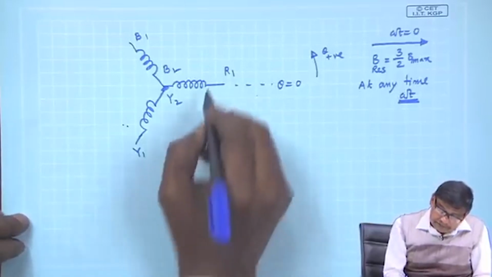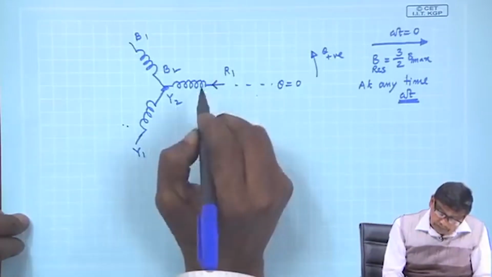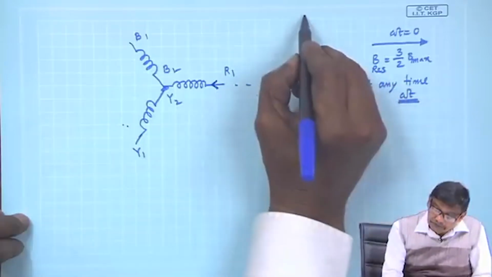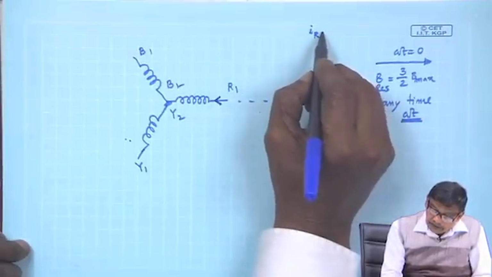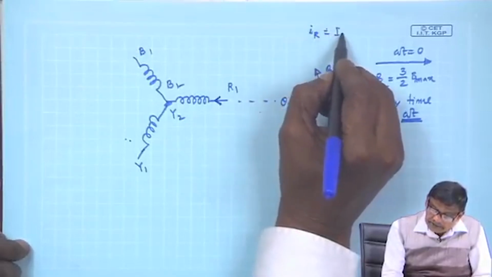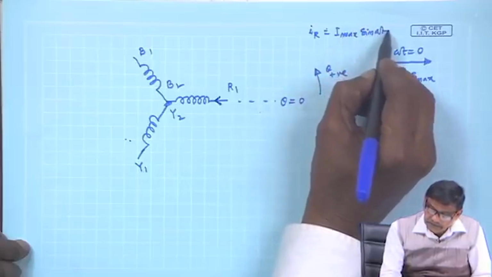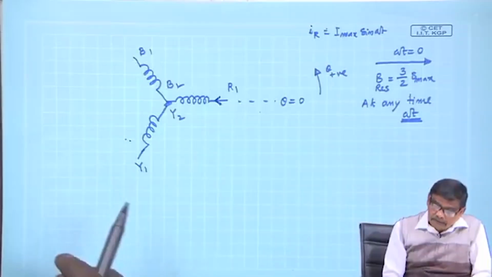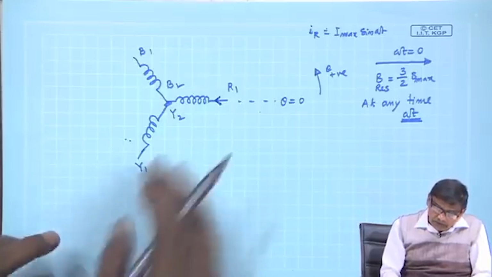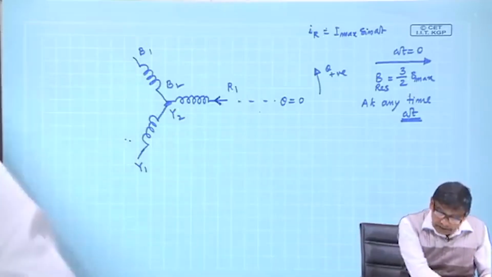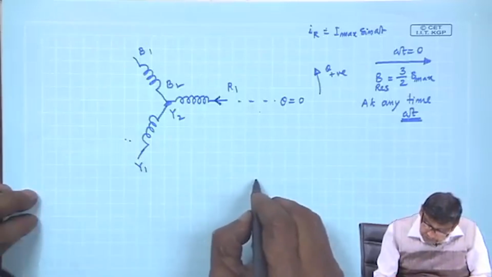In that case, this is the current: I r is equal to I max sin omega t, is it not? This is the current in R phase. What will be the field produced by this? This will be just this.